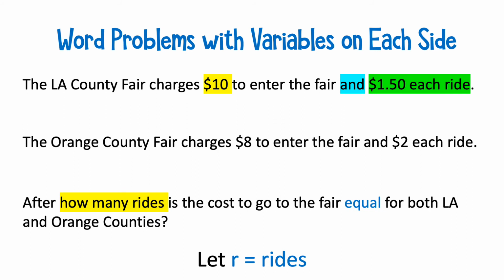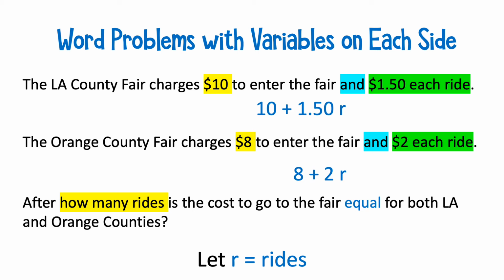So here the first example says the LA County Fair charges $10 and $1.50 for each ride. This can be written as 10 plus $1.50 times r. The Orange County Fair charges $8 to enter the fair and $2 each ride. So this can be written as 8 plus 2 times the number of rides that a person goes on.